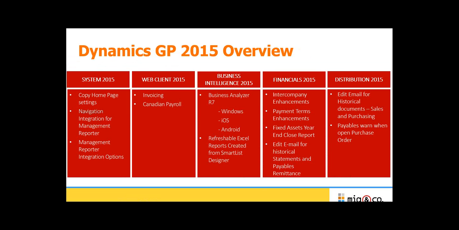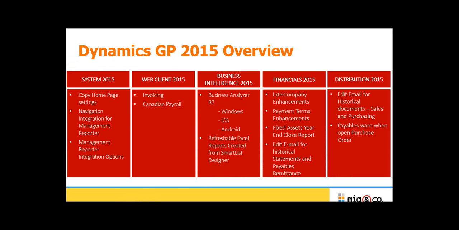We're also seeing some changes in the area of navigation for Management Reporter. So we're able to see Management Reporter from within our navigation pane, which we have not been able to do in the past. We are also allowing for some changes in the way integration options are handled for Management Reporter, putting the control, again, giving more productivity to the financial staff.